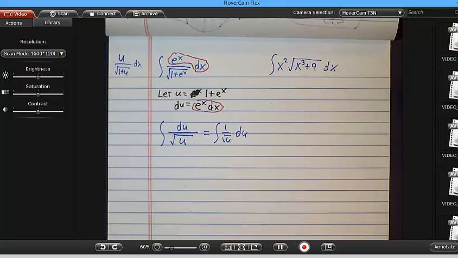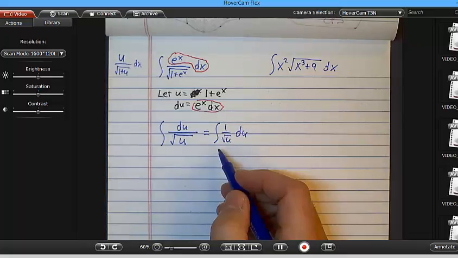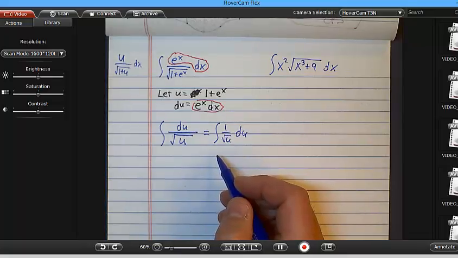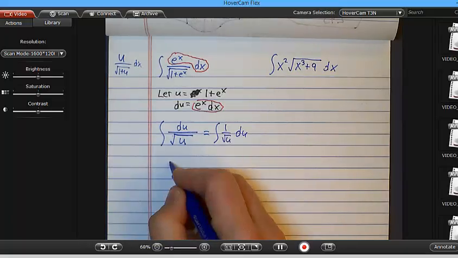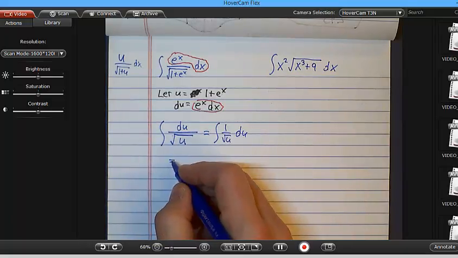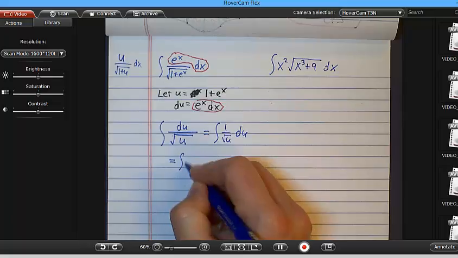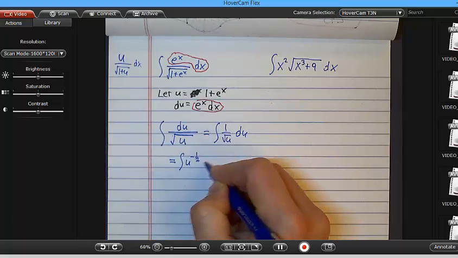Okay. Did that help? Is this something I can integrate? At least there's no e's. How would I want to rewrite it again if I want to integrate it? That's right. u to the negative 1/2 du.